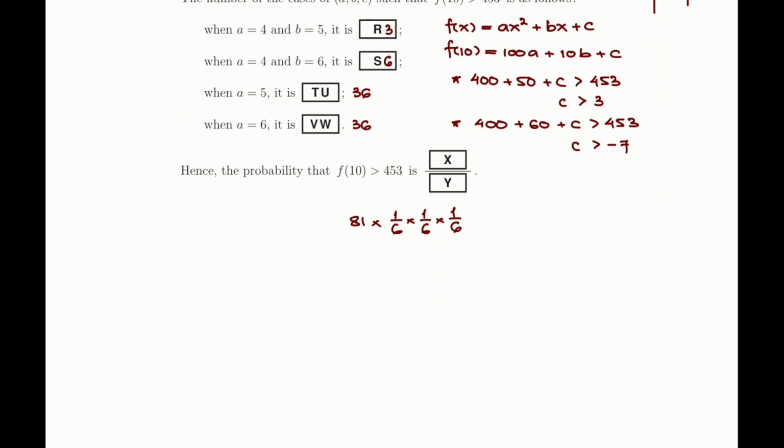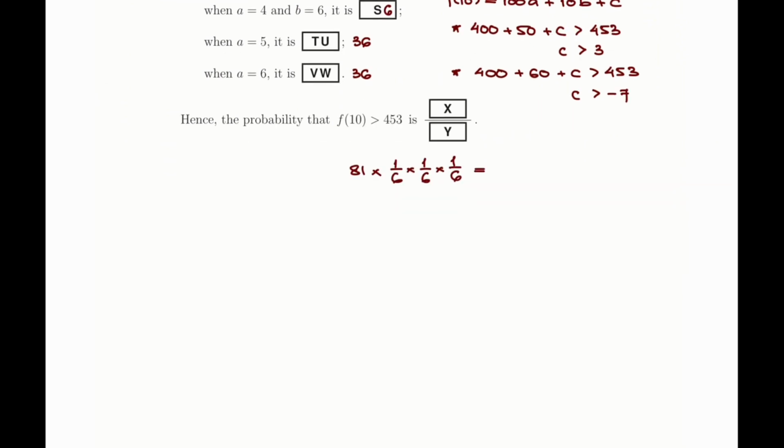So, the probability that f of 10 is greater than 453 is, just solve this equation. Divide by 3, I get 27. I can divide it by 3, I get 9.